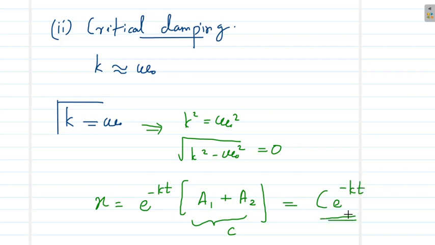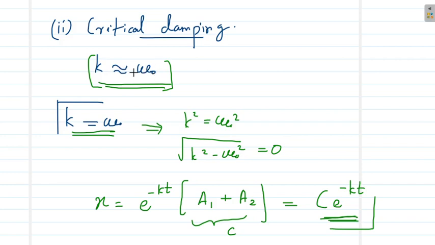Now this does not provide a solution of the second order differential equation. Here there is only one constant and we cannot consider this as a solution. So what we will do is substitute k approximately equal to omega 0 into our equation. If k is exactly equal to omega 0, this does not represent the exact solution corresponding to a second order differential equation.